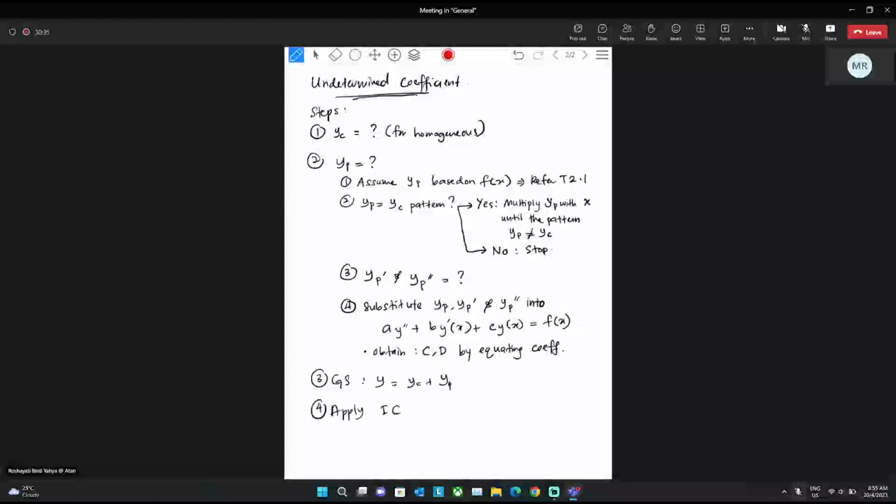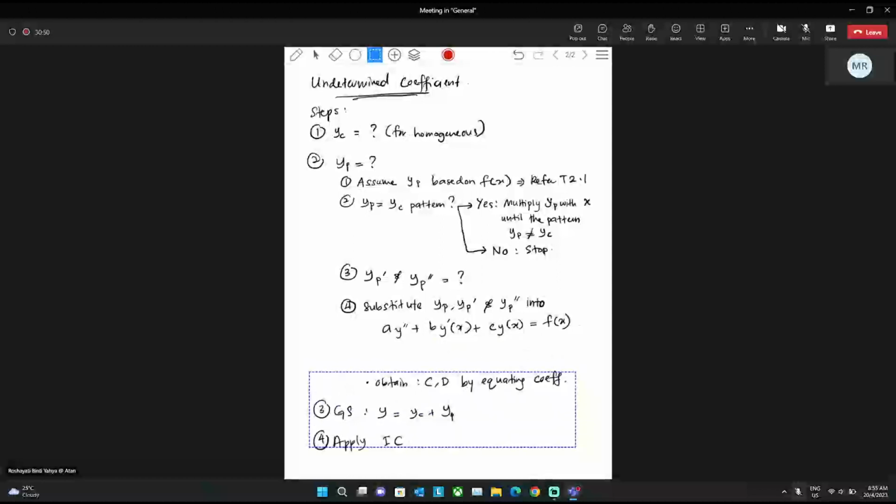So here class, okay, here, so y here you replace with yp, double prime here is yp double prime, here is yp prime, and then here become yp.